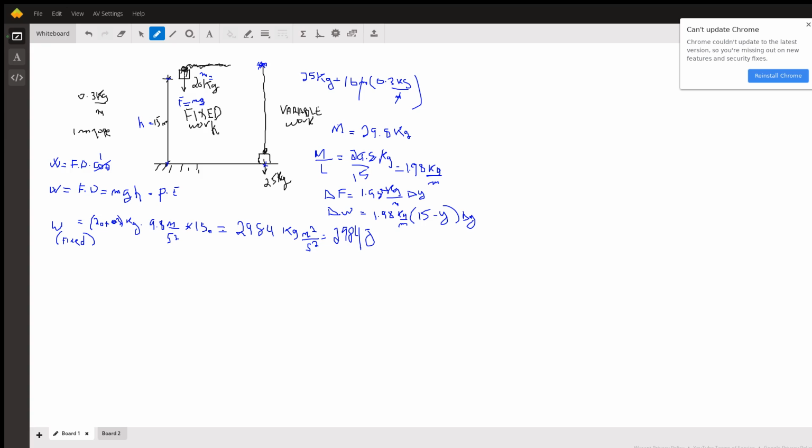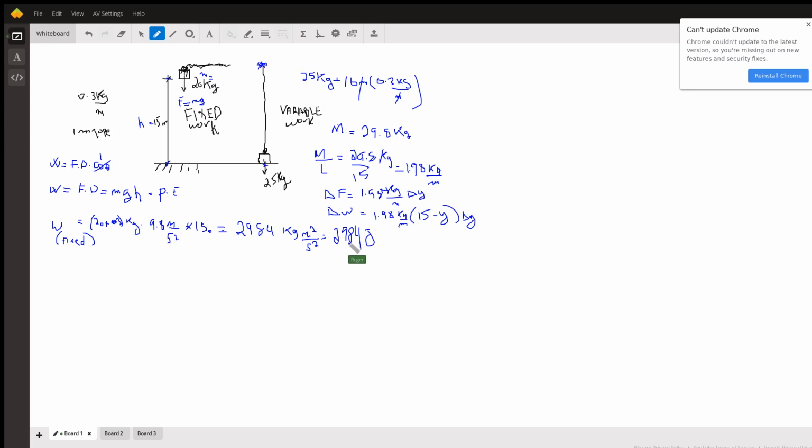Okay. Now, what would be the total work? The total work will be the sum of the fixed work plus the sum of the variable work. What was the fixed work?